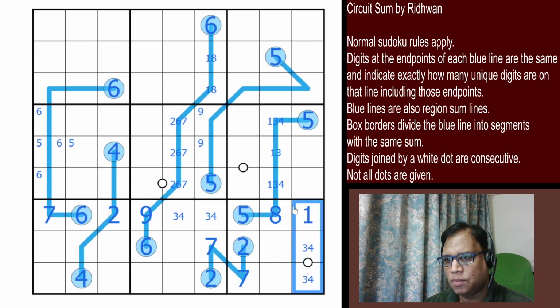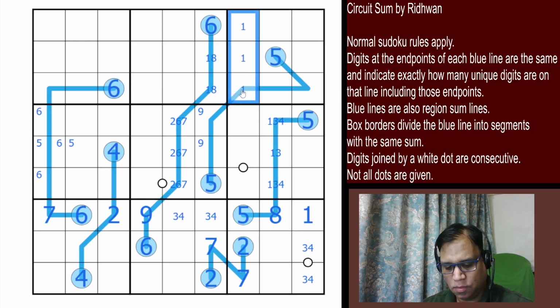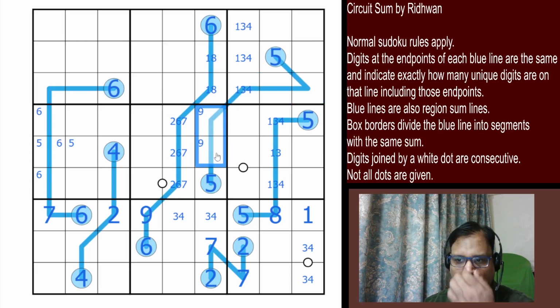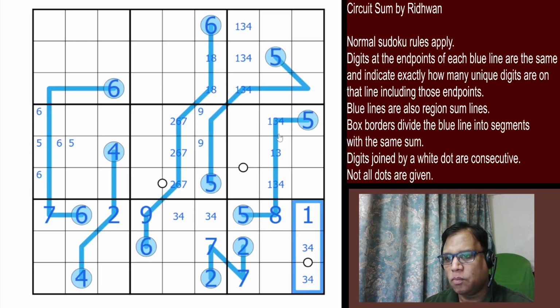And now I think some kind of roping is going on here. 1 3 4, 1 3 4. This must be 1 3 4. Now remember, the sum of this must be the sum of this, and one digit from here is common here. 5 2 7, right? And now roping is going on, right?